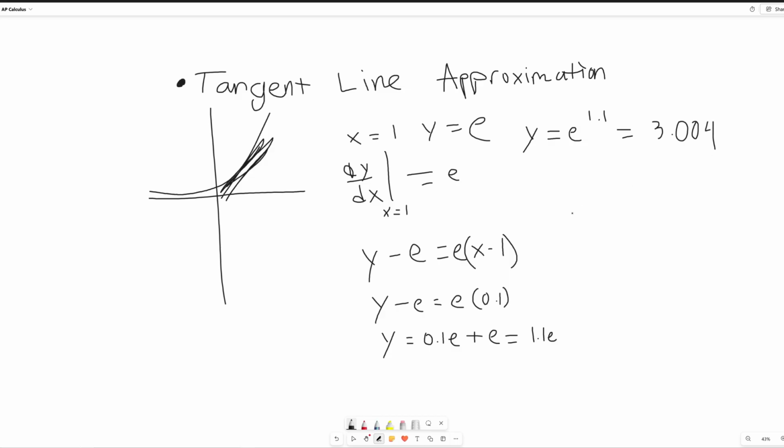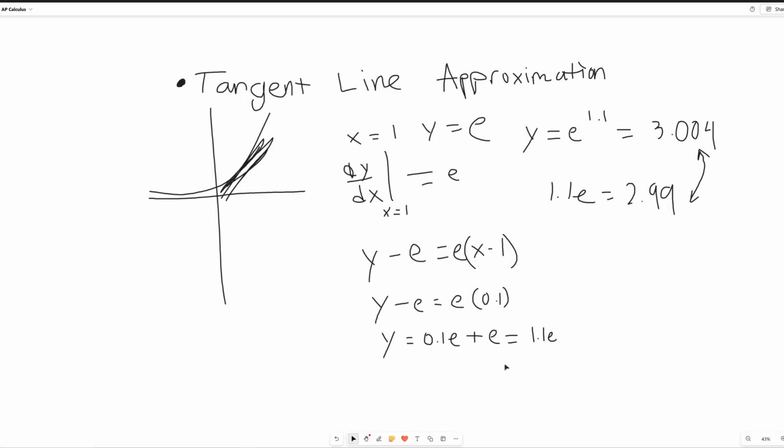Okay. Now what does 1.1 times e equal? Well, it's pretty close. 2.99. So, these two are extremely close to each other.